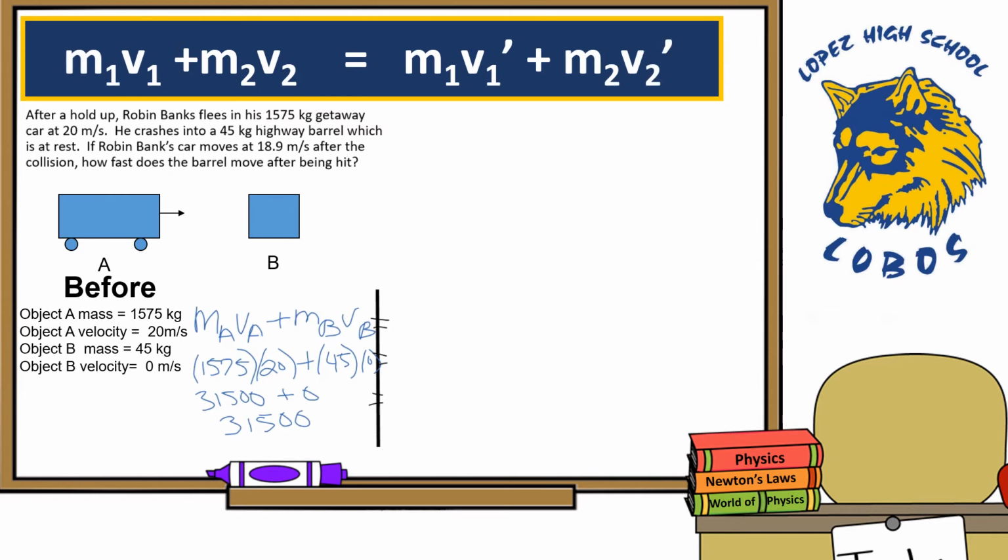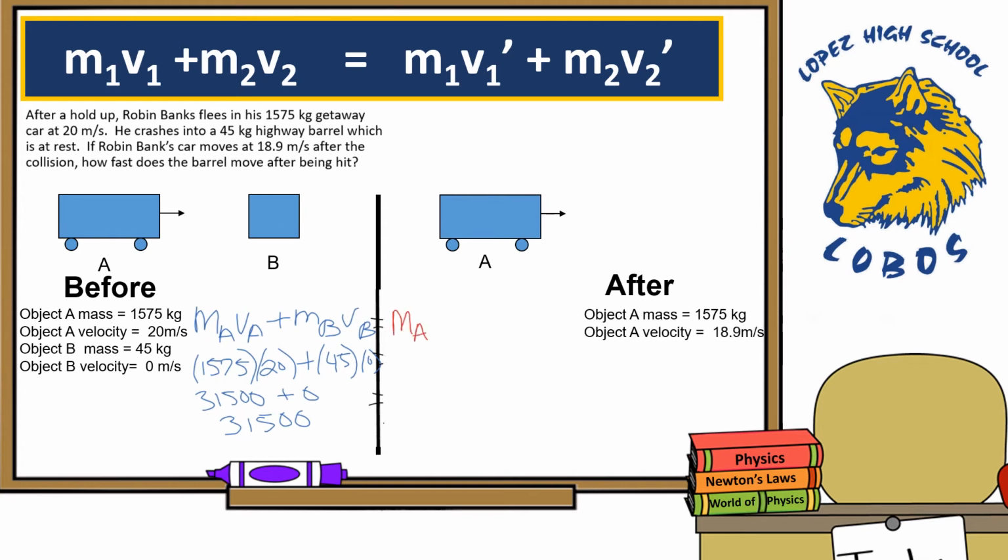Okay, let's see what we know about after the collision. Well, we know that the mass of object A is still 1,575 kilograms, but now has a velocity of 18.9 meters per second. And we also know that the barrel still has 45 kilograms as its mass, but we don't know its new velocity. That is actually what we're trying to figure out.